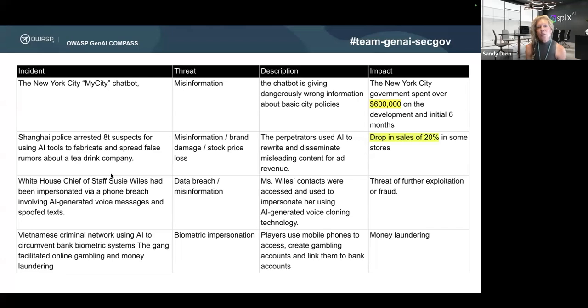If you go on to the next slide, I have some additional ones. So the New York City MyCity chatbot, I'm sure some of you know about this one. It was one of the very first public projects that was released. They spent $600,000. They're still pouring money into it. Everybody's upset about it. It gives actually dangerous, wrong information.